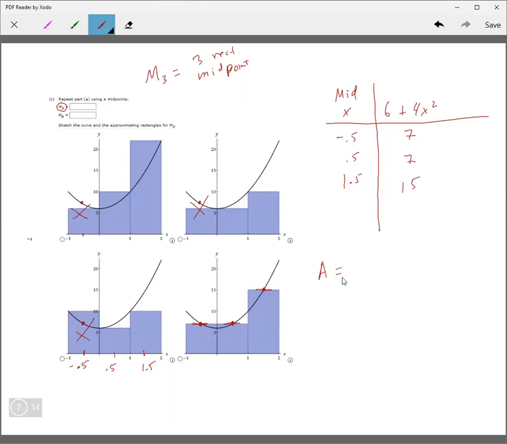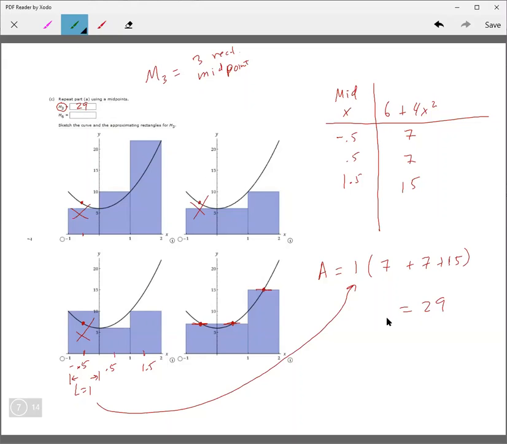Okay, so the area is going to be 1, which is the length, because you're still going from here to here. So that's still going to be 1, and then 7, 7, and 15, and that adds up to 29. So that will be the first one, 29, for the midpoint.